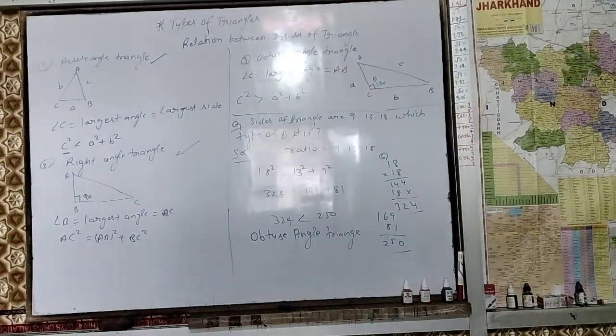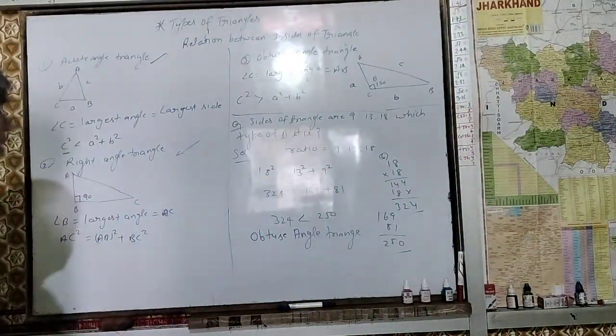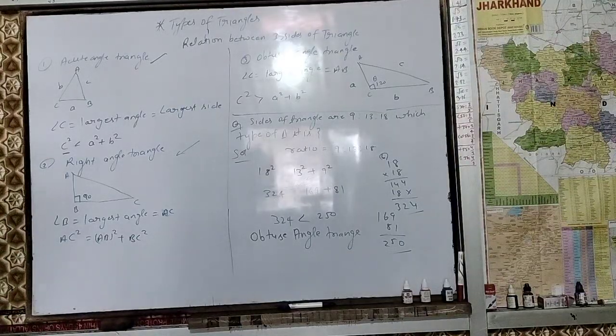Because the square of the largest side is more than the sum of the squares of the left sides. Now next, have a look.